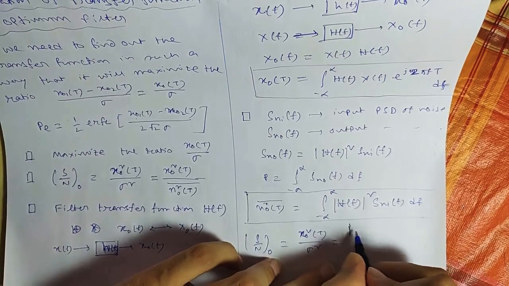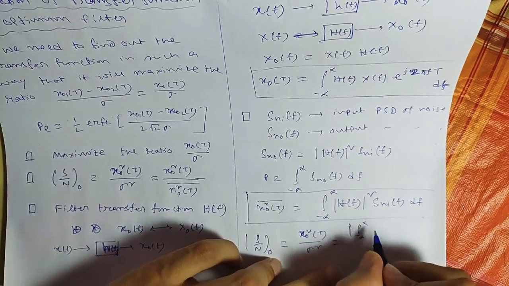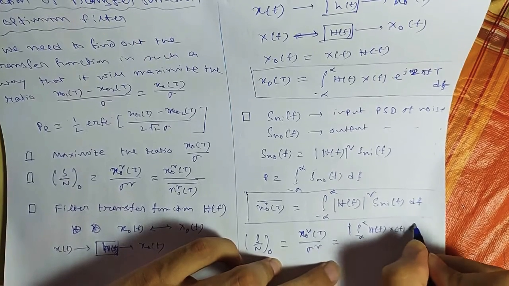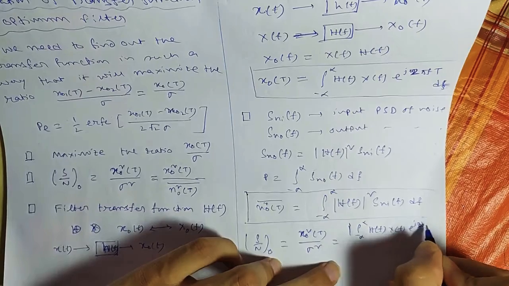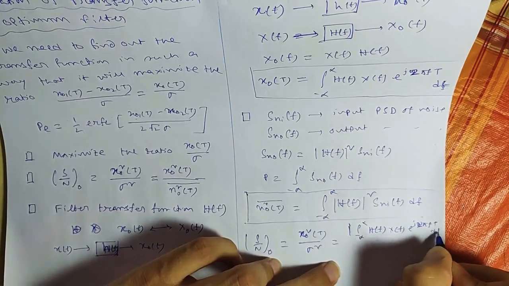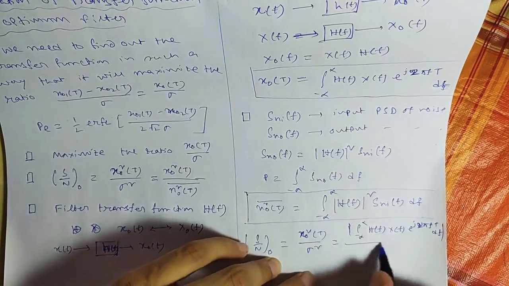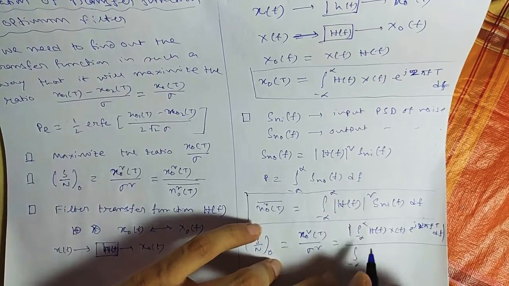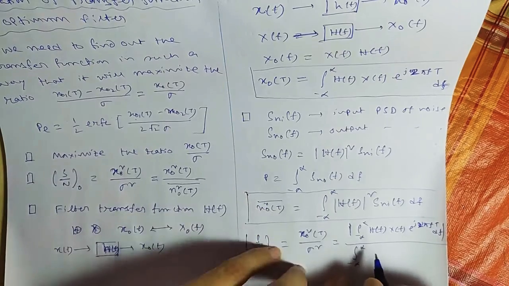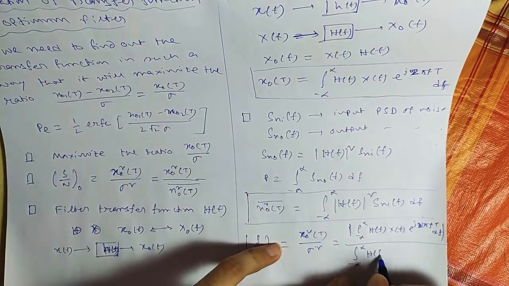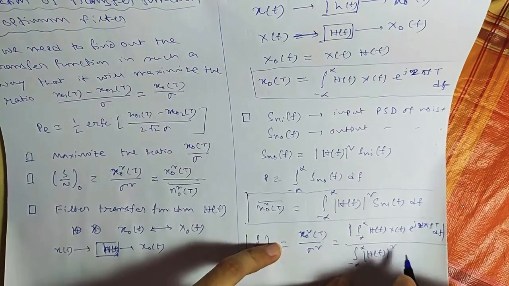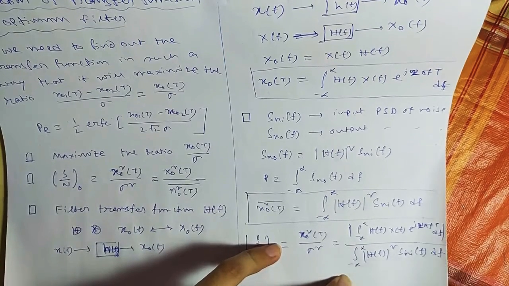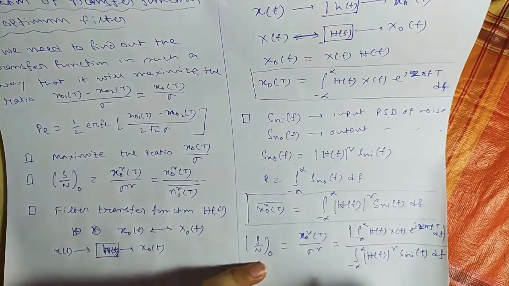So it will be the integral from minus infinity to infinity of H(f) X(f) e to the power j2πft df, divided by the integral from minus infinity to infinity of |H(f)|² S_ni(f) df. So we have this signal to noise ratio.